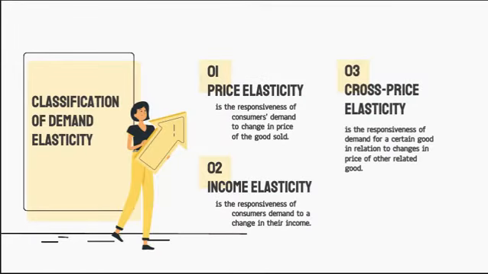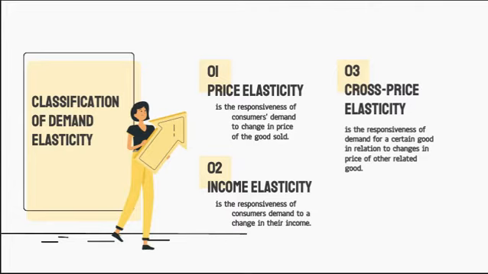Moving on, as mentioned in the preceding item, demand elasticity is subclassified into three. In this unit, we will discuss price elasticity of demand, income elasticity, and cross price elasticity. Price elasticity is the responsiveness of consumers' demand to change in price of goods sold.